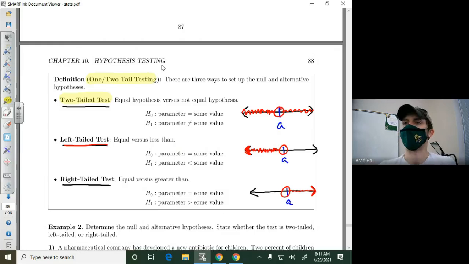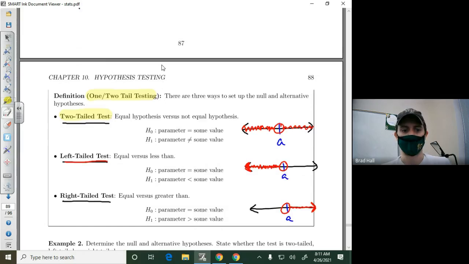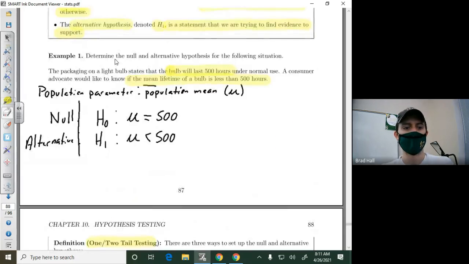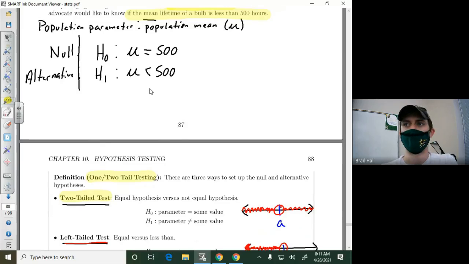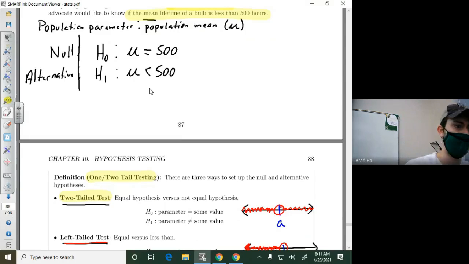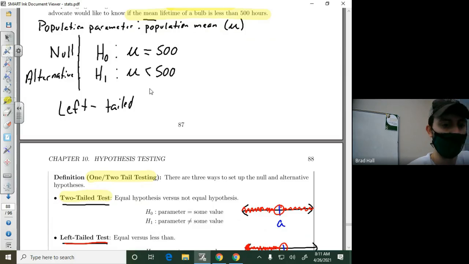So this, again, just explains the situation that we have. If we look above at example 1, we have an equal sign, which is always going to happen, and then a less than sign. Less than means that you have values to the left, which would be a left-tailed test. So you can identify that this is a left-tailed test.